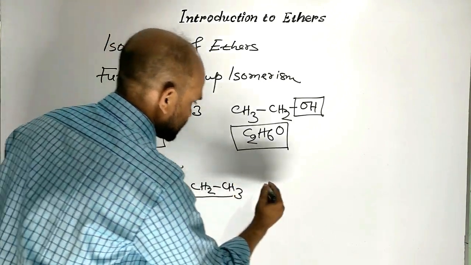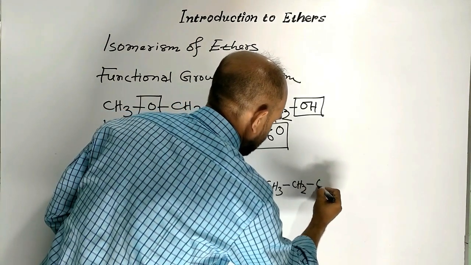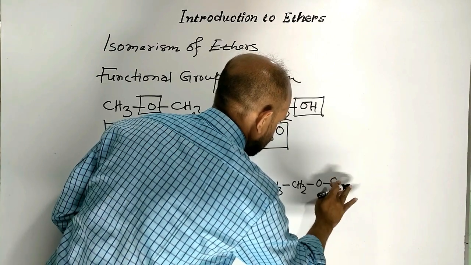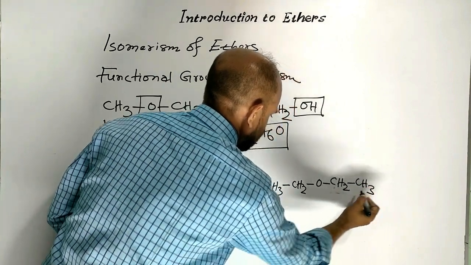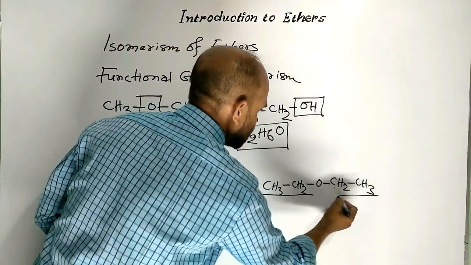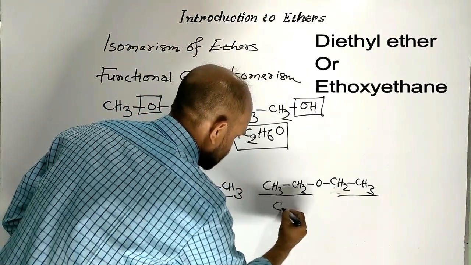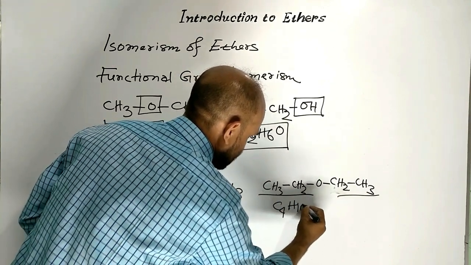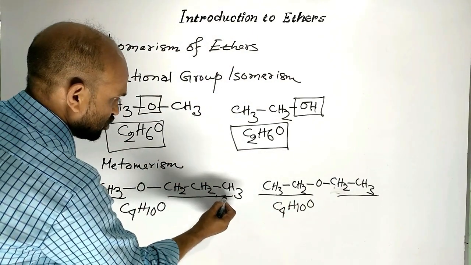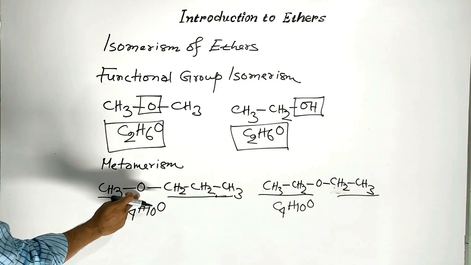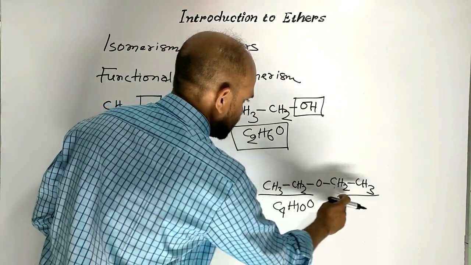Let us write another structure. CH3, CH2, oxygen, CH2, CH3. This is diethyl ether or ethoxyethane. Its molecular formula is C4H10O. That is, different alkyl groups linked up with the ether functional group. Here methyl propyl, here ethyl ethyl.